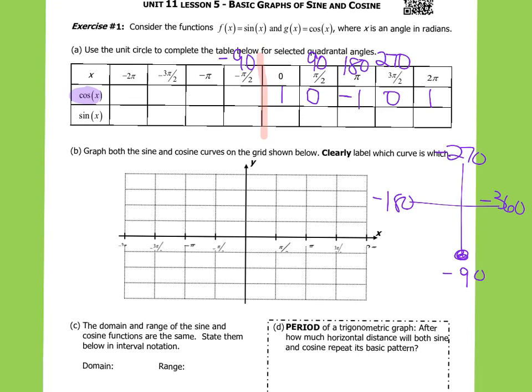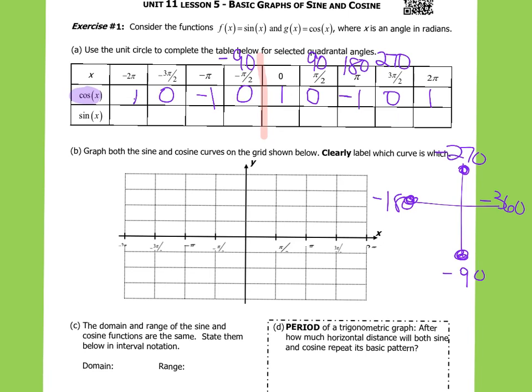It's 0. -180 is the same as +180. Right now I'm here, and it's -1. -3 pi over 2 is 270. What's my cosine there, or my x value there? It's 0. -2 pi is the same as -360, or 0 degrees, and it is 1 there.